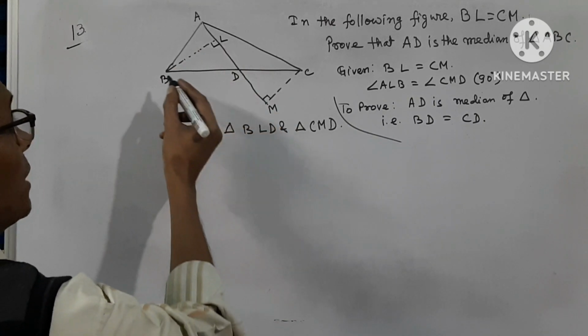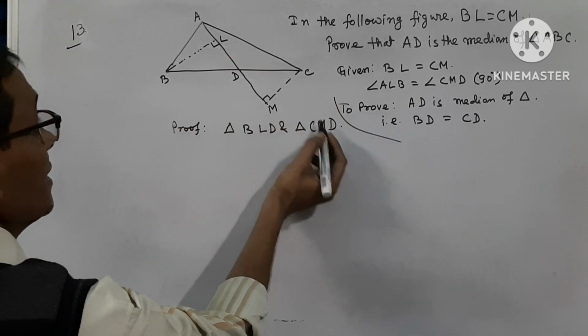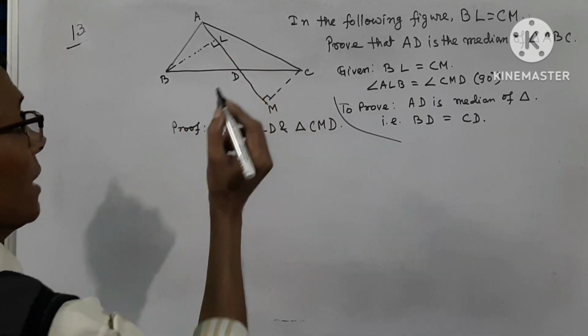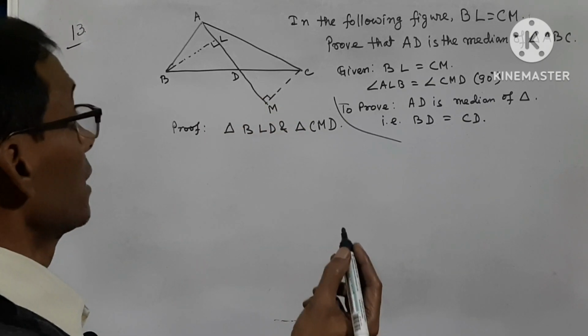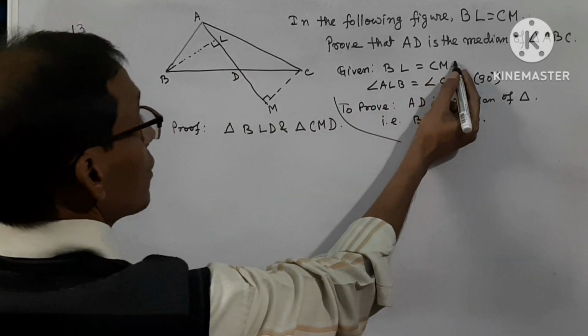Why have we taken BLD? Because angle BLD is 90 degrees and angle CMD is also 90 degrees. So we are getting some criteria. Not only that, BL is equal to CM, this is also given.